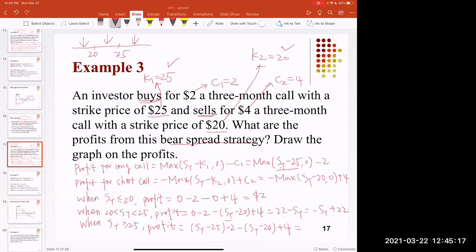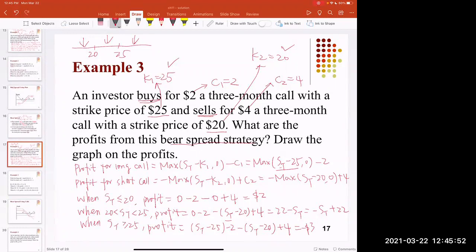So tell me what number you get. 25 minus 2, negative 27 plus 27. Is that negative 3? Can you check it again? Yeah, it's negative 3. Okay, good.